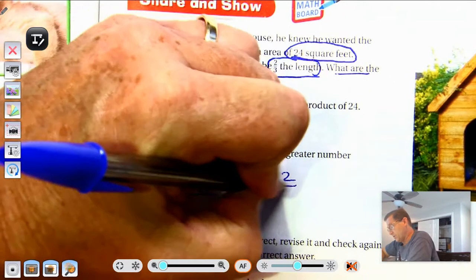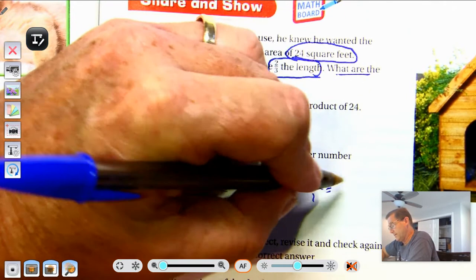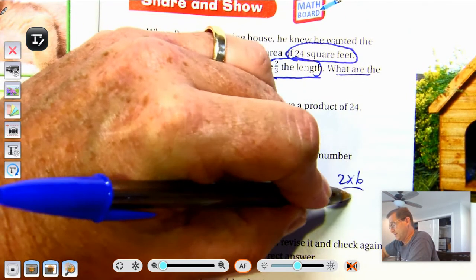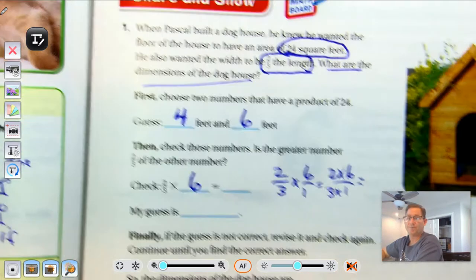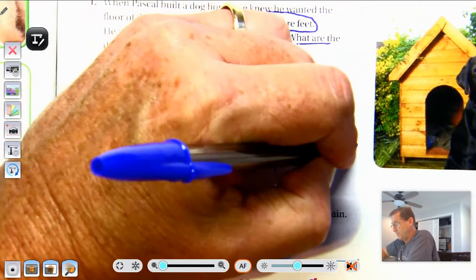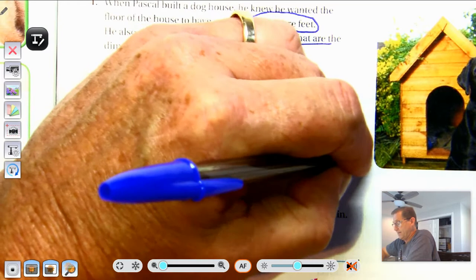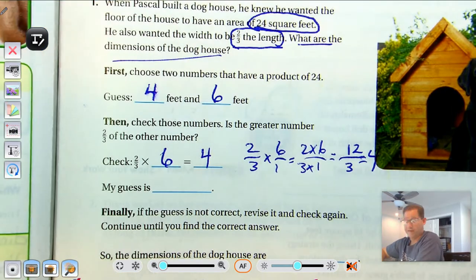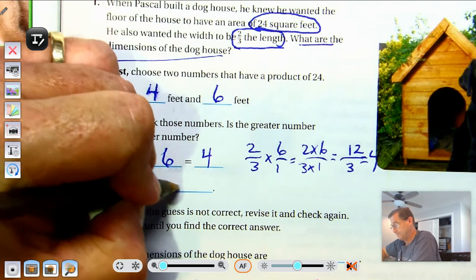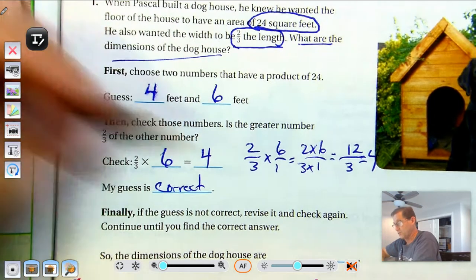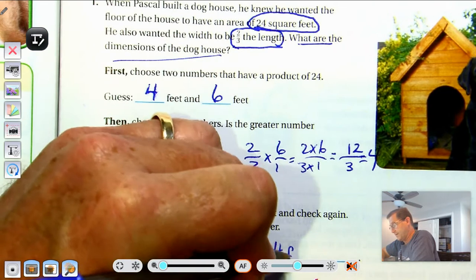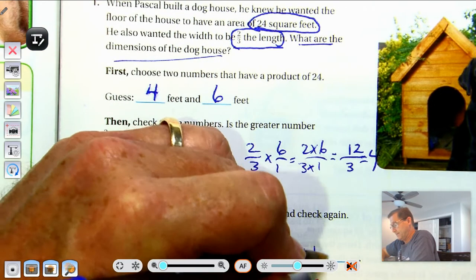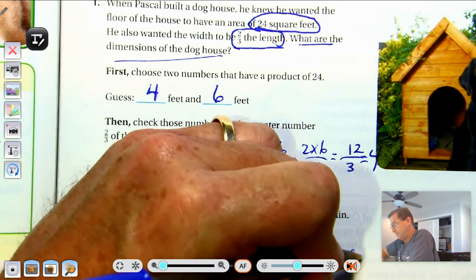So 2/3 times 6 over 1 is 2 times 6 over 3 times 1. 2 times 6 is 12, and 3 times 1 is 3, and that equals 4. So my guess is right. The dimensions of the doghouse are 4 feet by 6 feet.